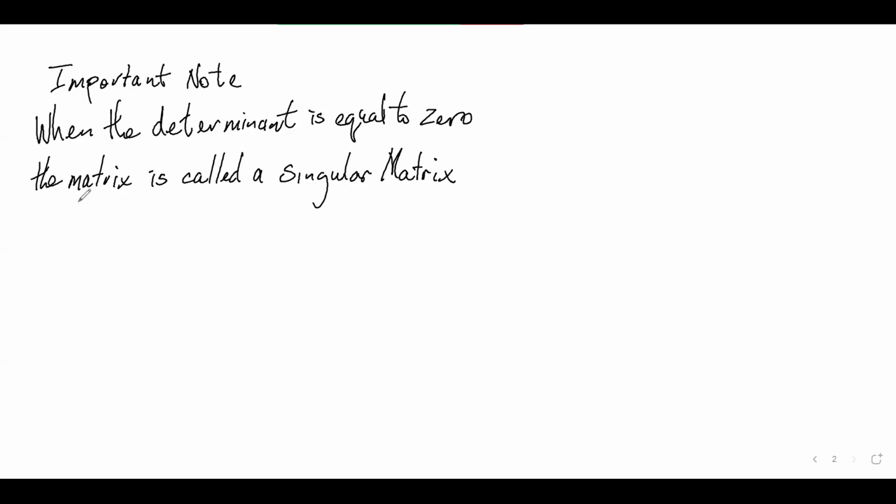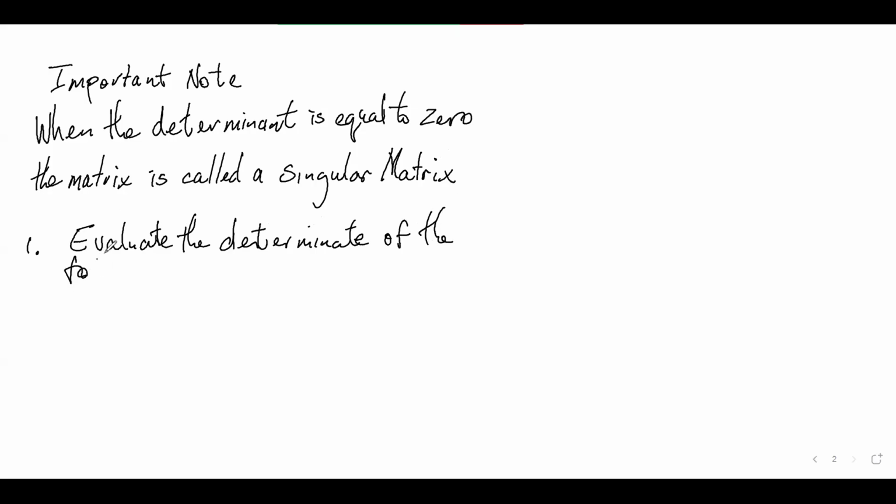So let's do a few. Number one, evaluate the determinant of matrix D, which is 4, 2, -3, -1.